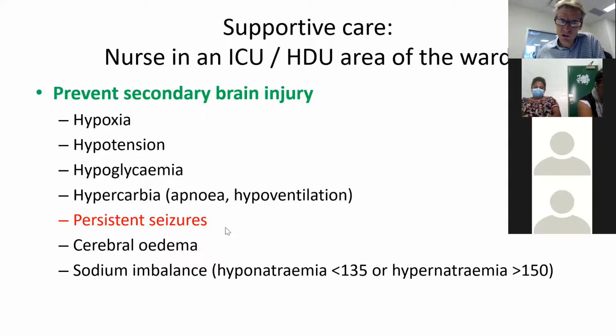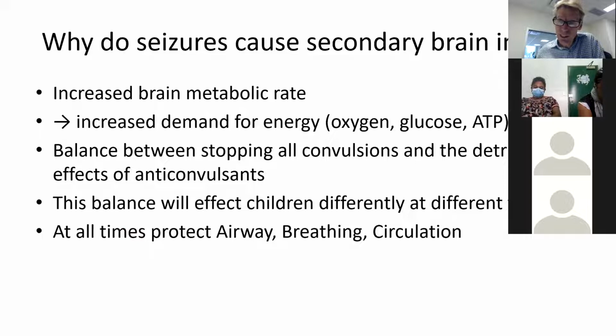But the treatments we give can also make things worse. Sometimes when children have seizures, they receive anticonvulsants, which can cause low blood pressure, or slow their breathing. They can cause respiratory depression, or even apnea for a brief period, and that might make things worse.